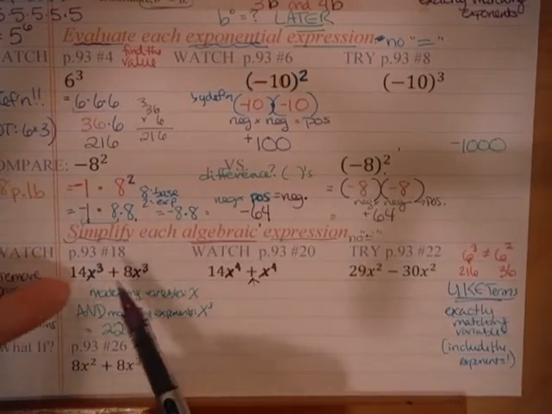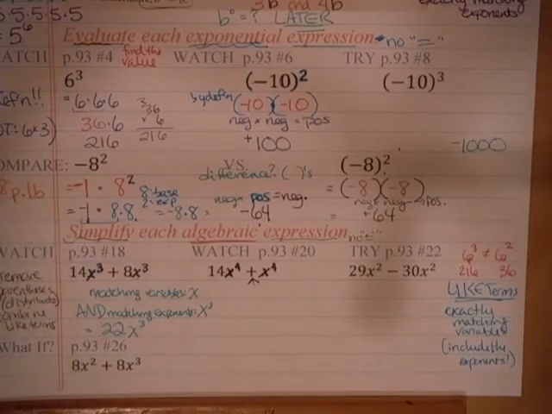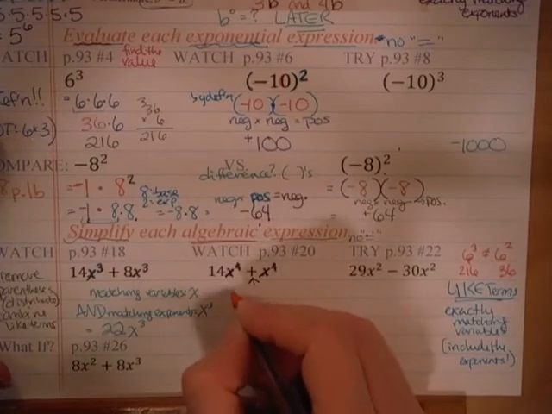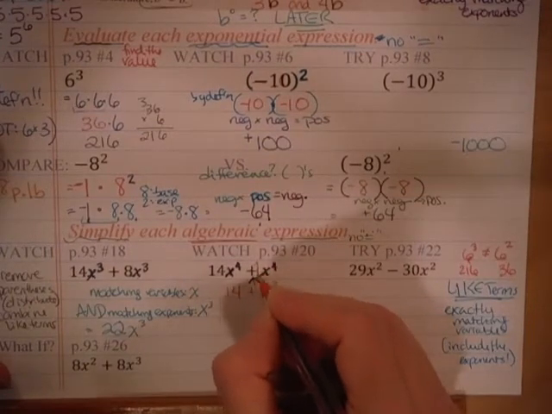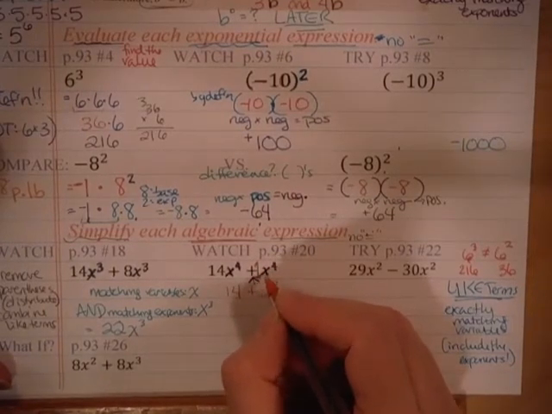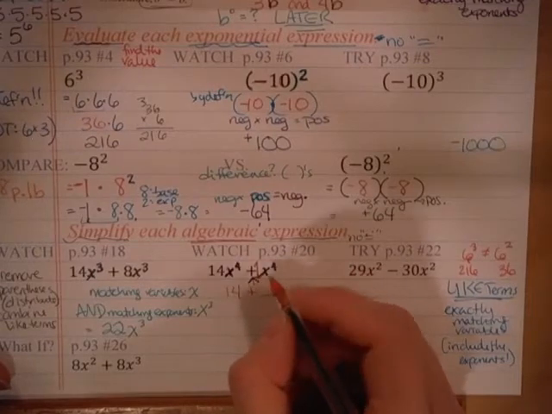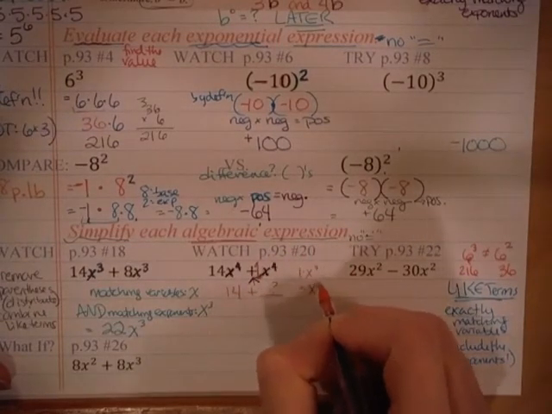Well, in our previous example, I looked at 14 plus 8. I looked at the coefficients and I saw what I needed to add together. In number 20, I see I'm adding 14 plus what? Well, whatever's in front of the other term. And I don't see anything, which means that the number that's there is 1. Because 1 times x to the 4th is equal to x to the 4th.